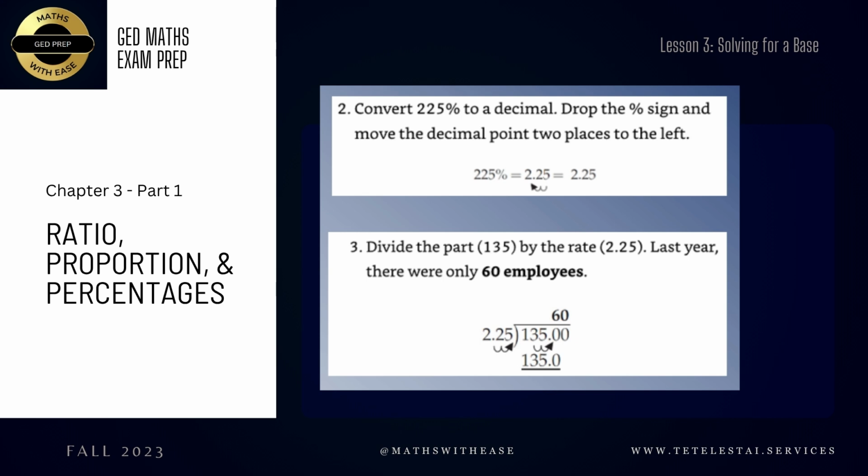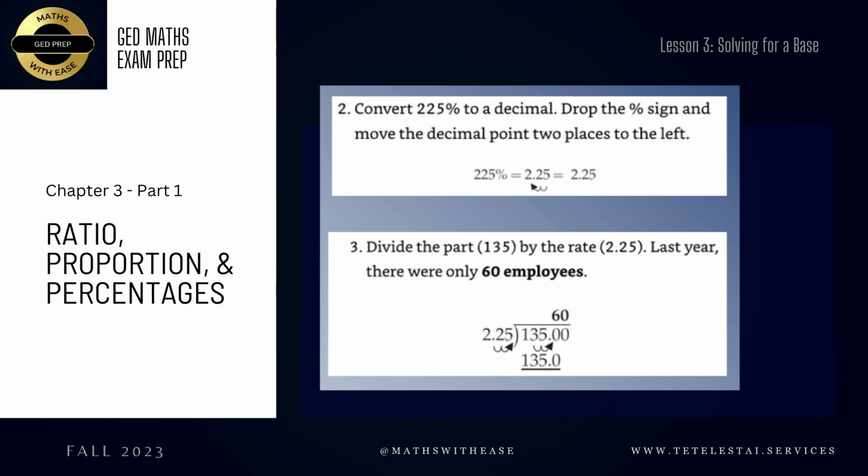If it helps you, you can think of this as $2.25, and then you have $135, and then you ask yourself, if you decided to give that $135 away, and you only wanted to give $2.25 at a time, how many people would get $2.25 from 135?